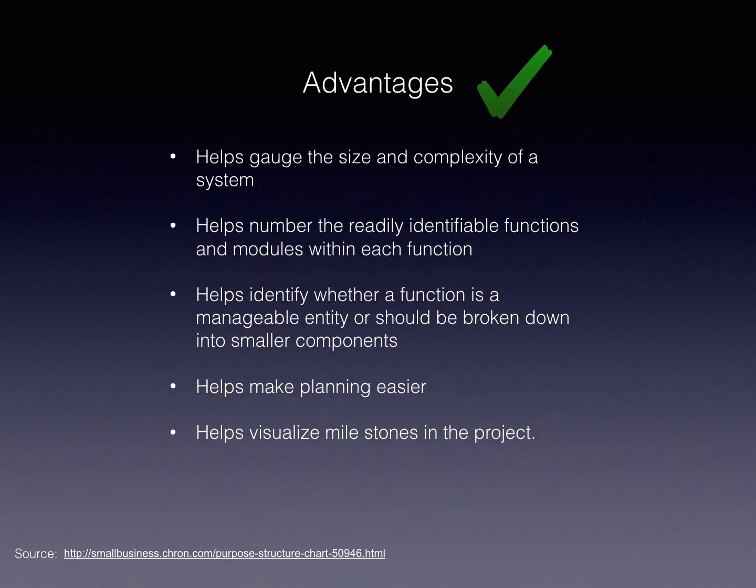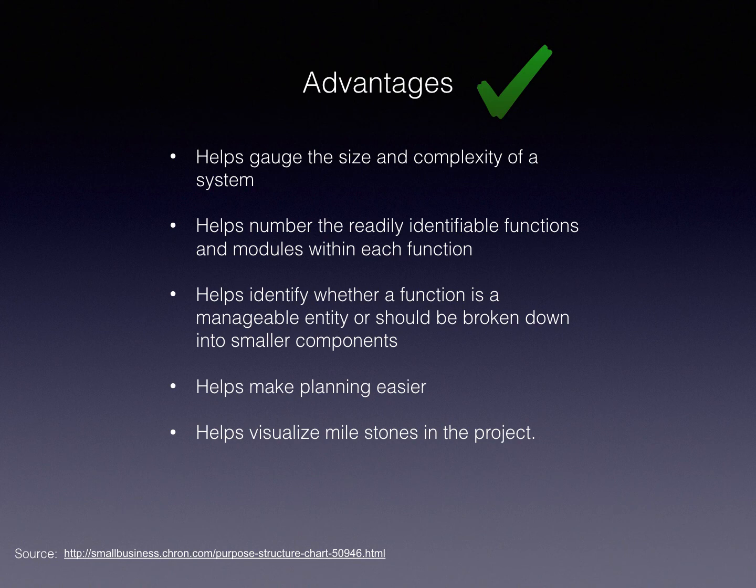A structure chart has a number of advantages that help make the development process of an application, or of any project really, much easier than it normally would be. For example, a good structure chart can help a development team gauge and size the complexity of a system that they are developing.